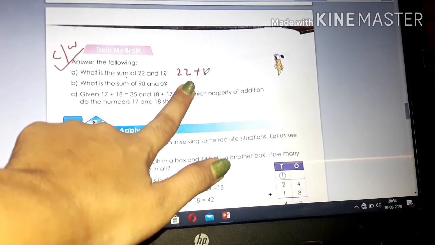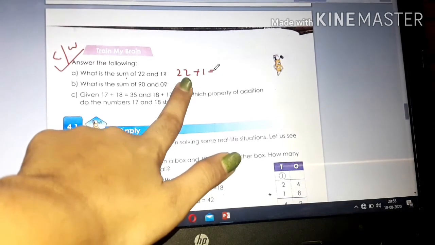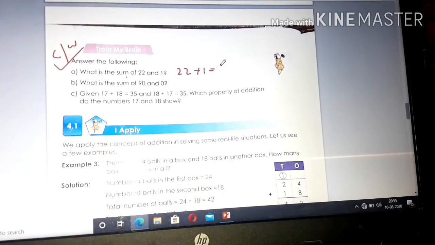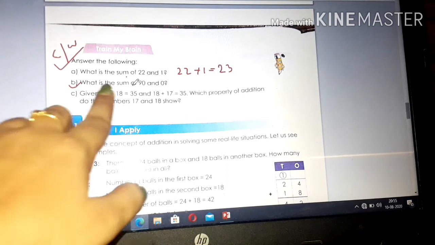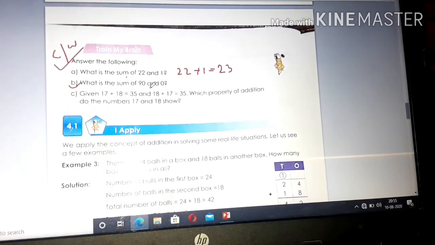If you add 1 to any number, the sum is the number after. After 22, what comes? 23. Clear?